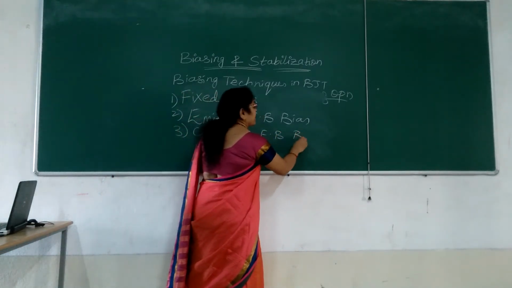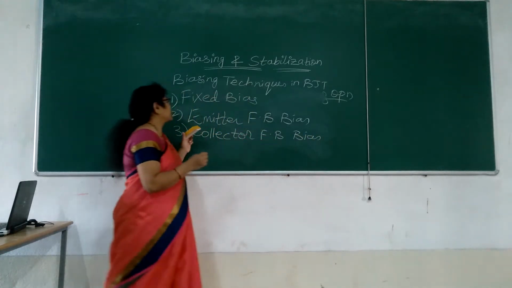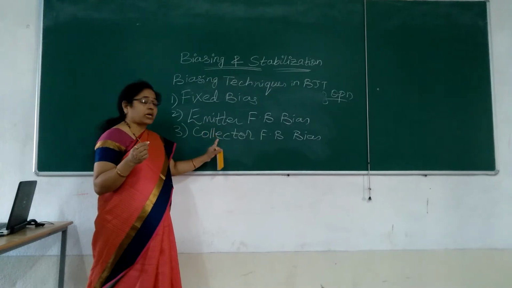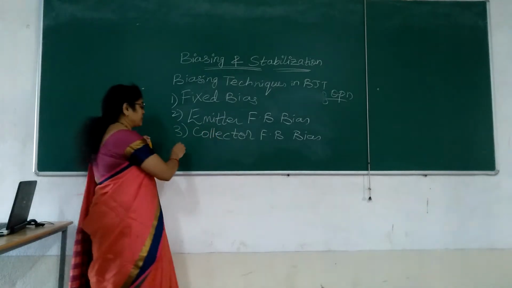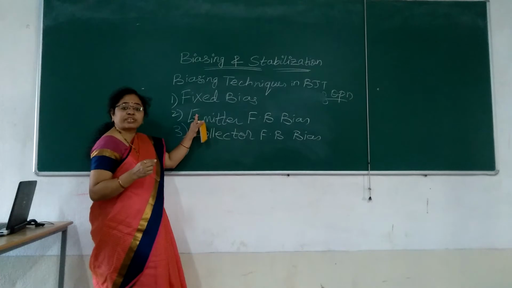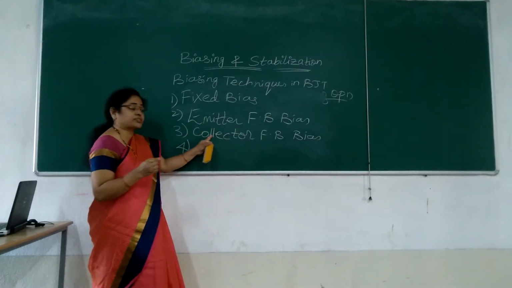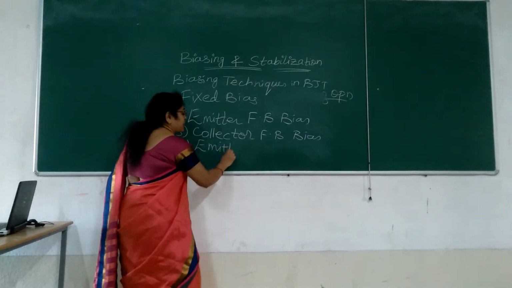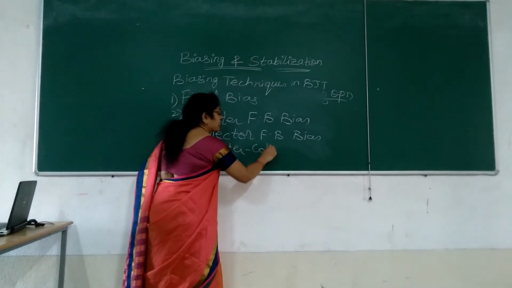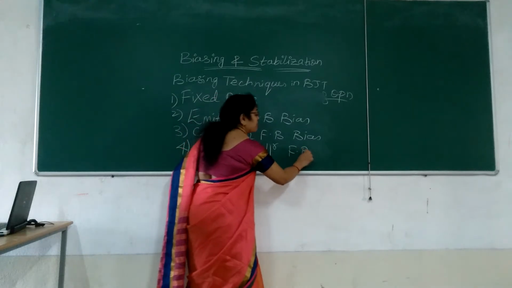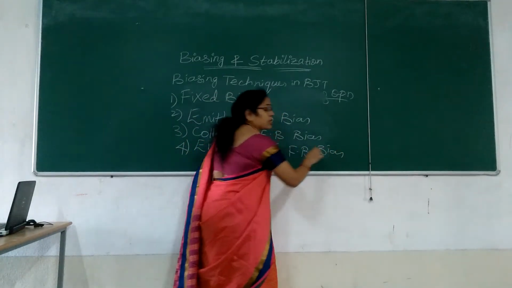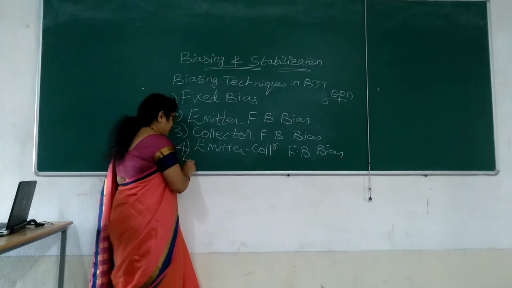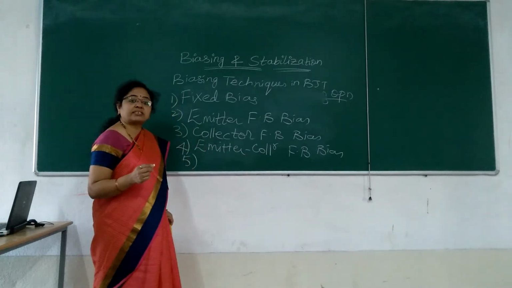The next one is the combination of these two, emitter collector feedback bias. And the last one is voltage divider bias.